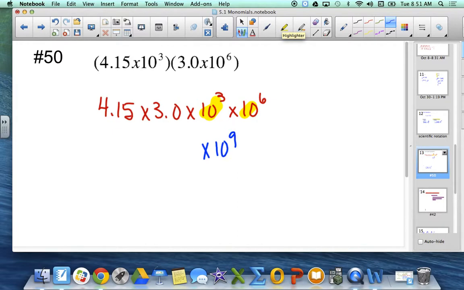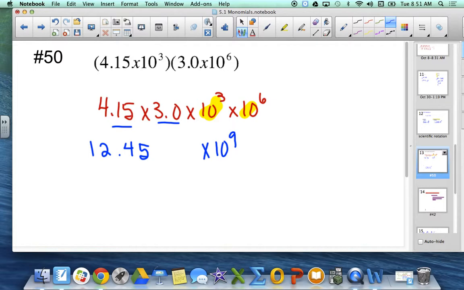And if we multiply these two numbers together, we get 3 times 5 is 15, so we get 0.45, and 3 times 4 is 12. Is that number 12.45 between 1 and 10?